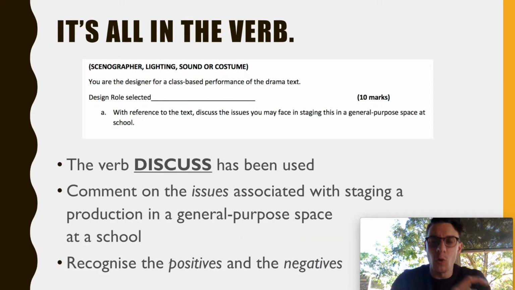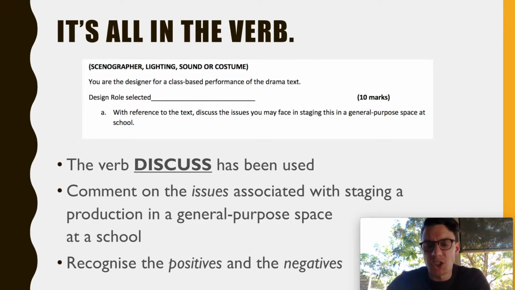We are providing the fors and against, the positives and the negatives, the upsides and the downsides to staging in a general purpose space. So we might say on the positive side, it's a wide space. It can be molded. It's quite malleable. You might be able to chuck some random things in there. It's not specific. It's not made for one particular type of performance.